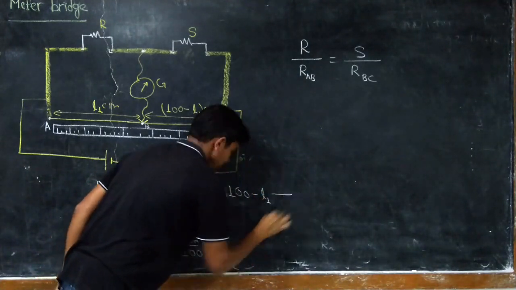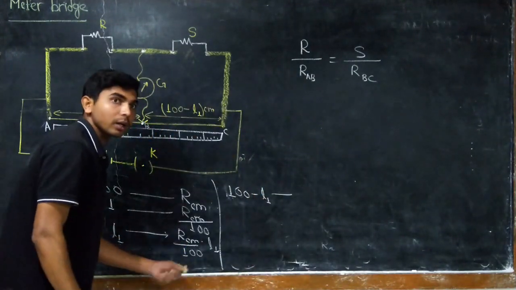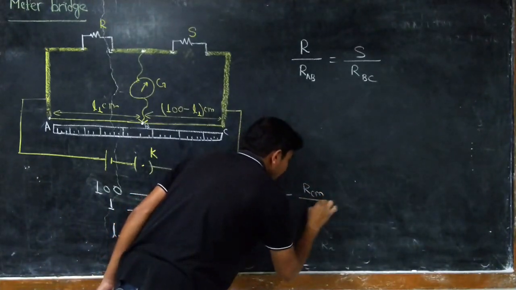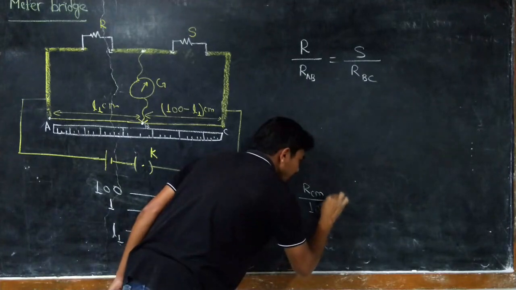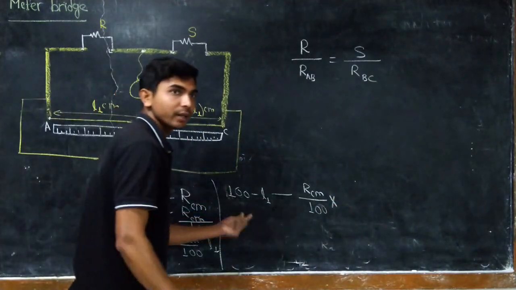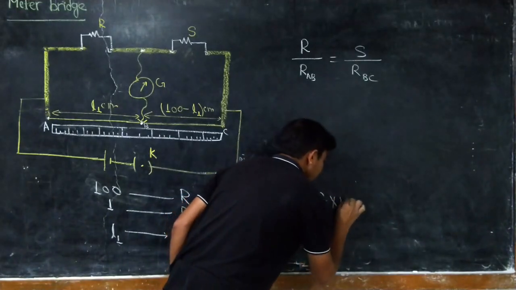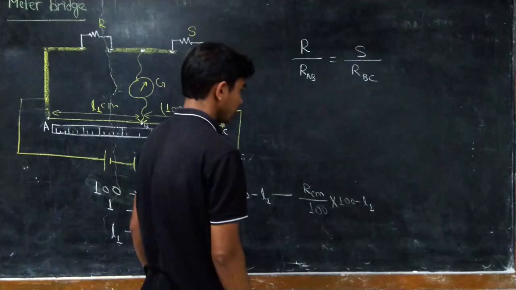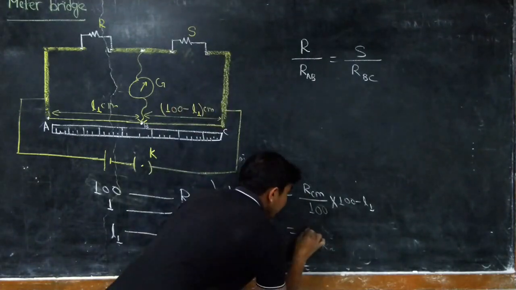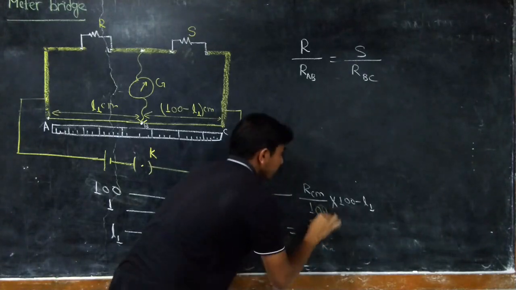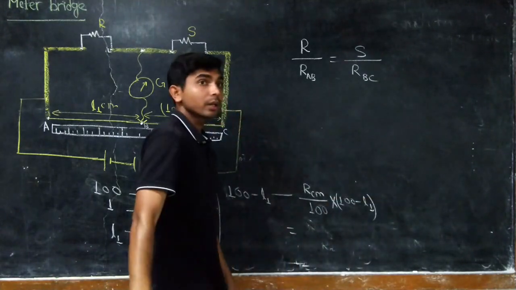That will be R_cm by 100 into this length, and this length is 100 minus L1. So further you can write like this. Keep it like this; we will do something now.